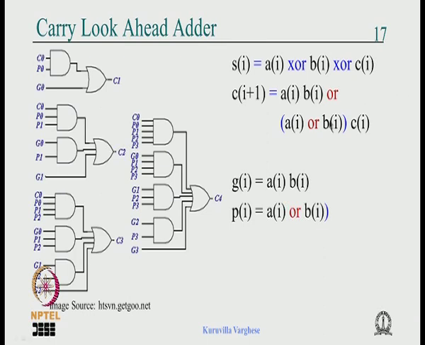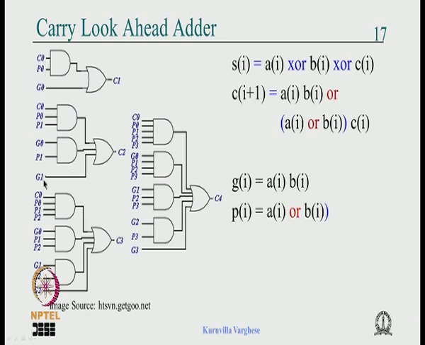The problem is that as you go to higher indexes, because it is expanding, more and more product terms will come in the implementation, that is what is shown here. You can work it out, maybe you have studied it. C1 is nothing but G0, which is A0 B0, or A0 or B0 and C0, that is P0.